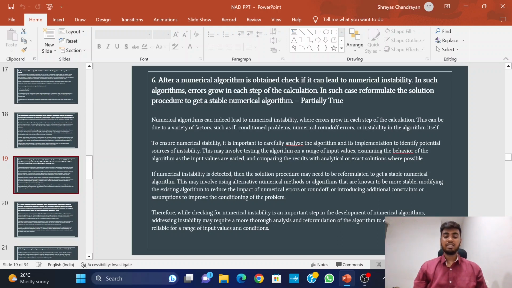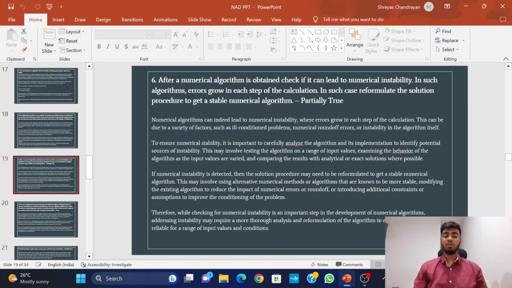This may involve testing the algorithm on a range of input values, examining the behavior of the algorithm as input values are varied and comparing the results with analytical or exact solutions where possible.